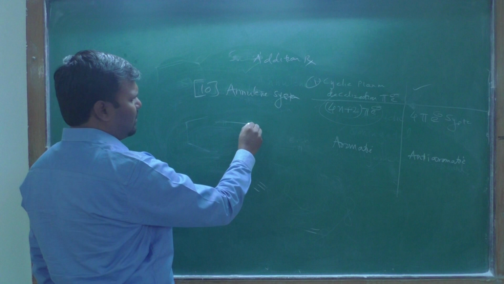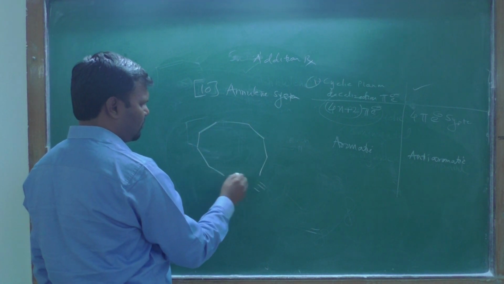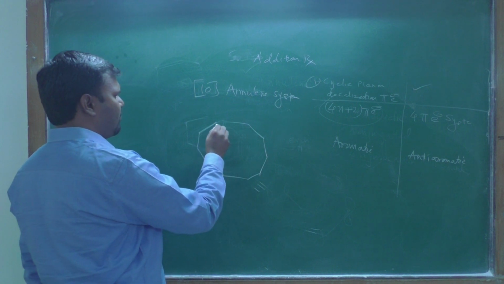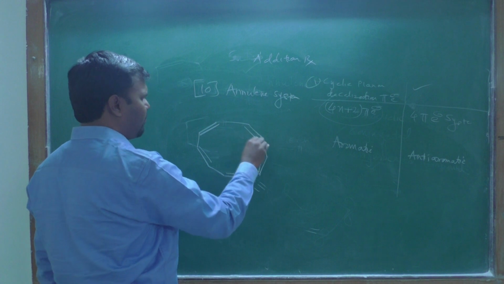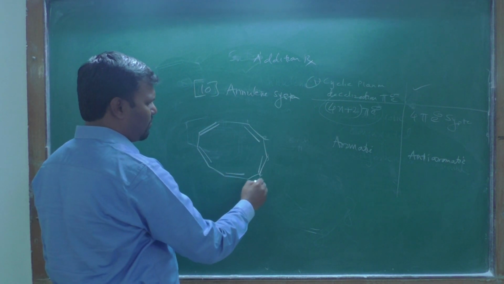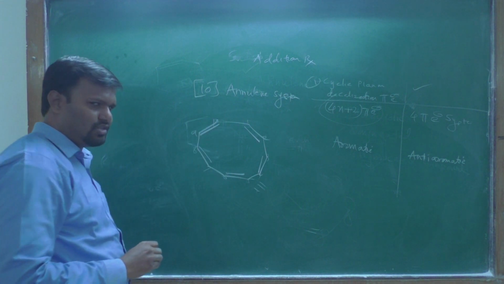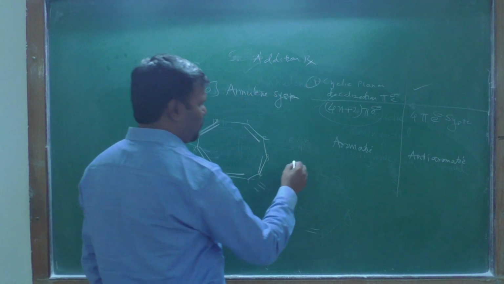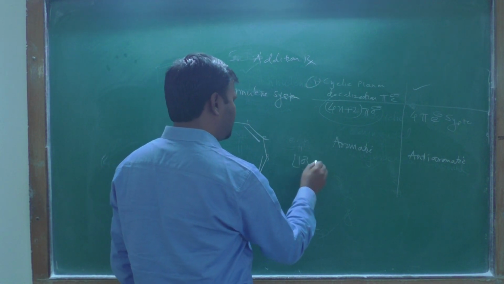If you consider the 10 annulene system, one, two, three, 4, and 5. Number of carbons: 1, 2, 3, 4, 5, 6, 7, 8, 9, 10. The number of carbons is 10, and this is your 10 annulene system.